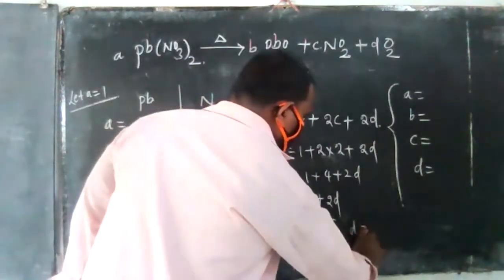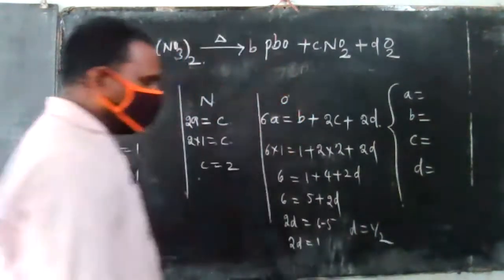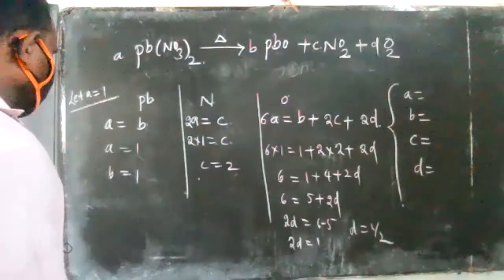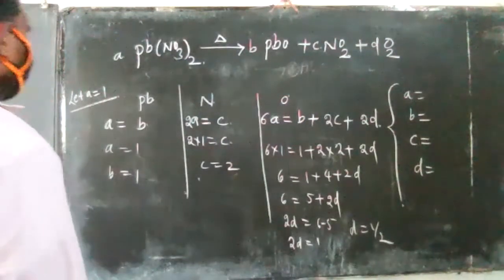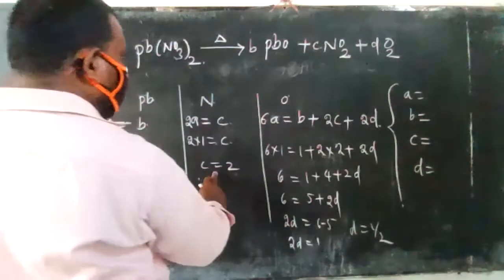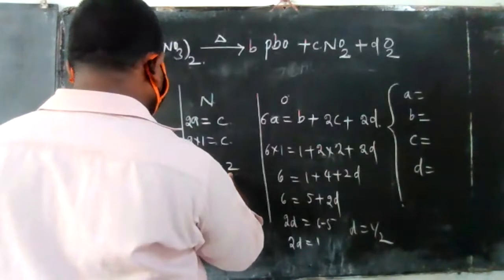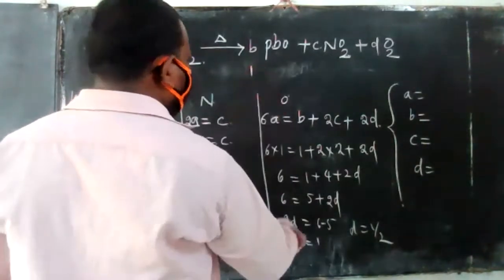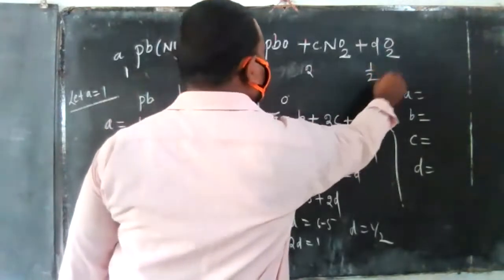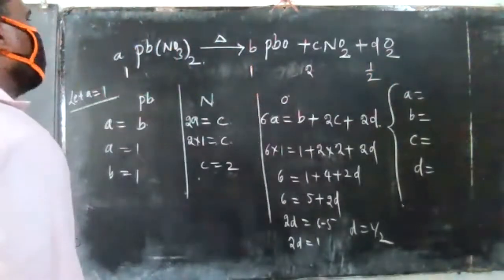So now D is equal to 1 by 2. Now A is equal to 1, B is equal to 1, C is equal to 2, and D is equal to 1 by 2.